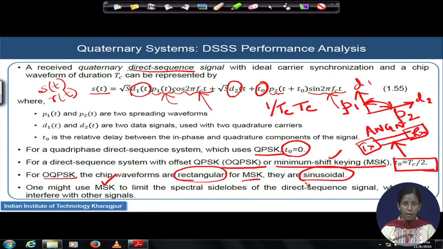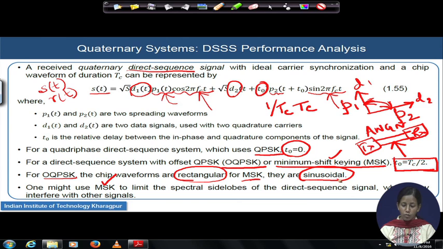The main plus points we have already discussed in the last 3 modules, and the advantage of this choice of chip waveform comes from the fact that you will get an extra dB gain on the symbol error probability, because the variance contributed from the interference can be heavily diminished by an amount of around 1 dB.